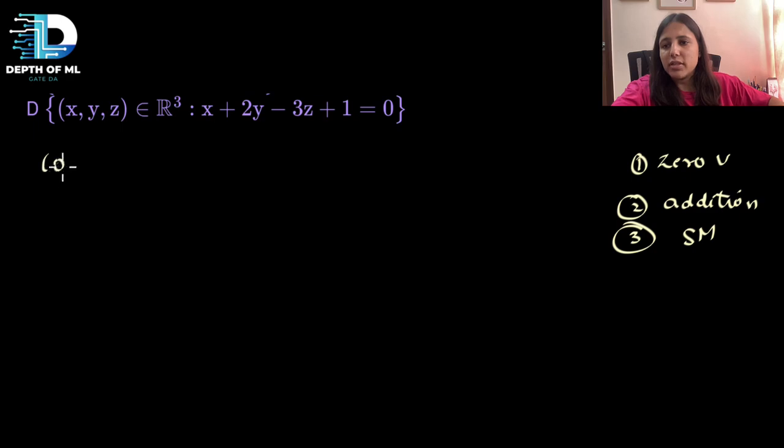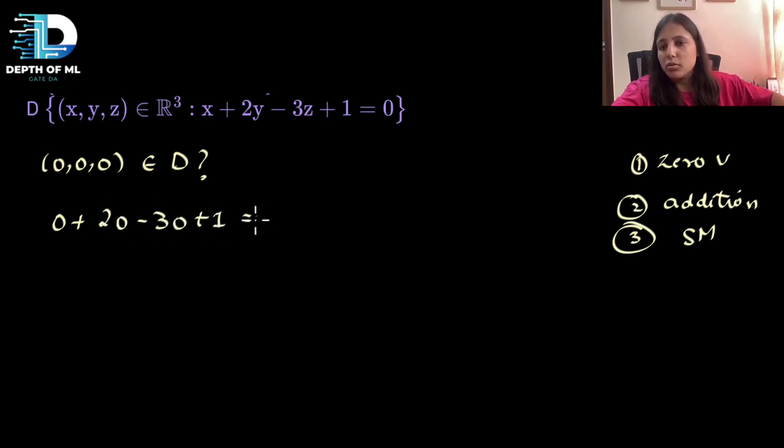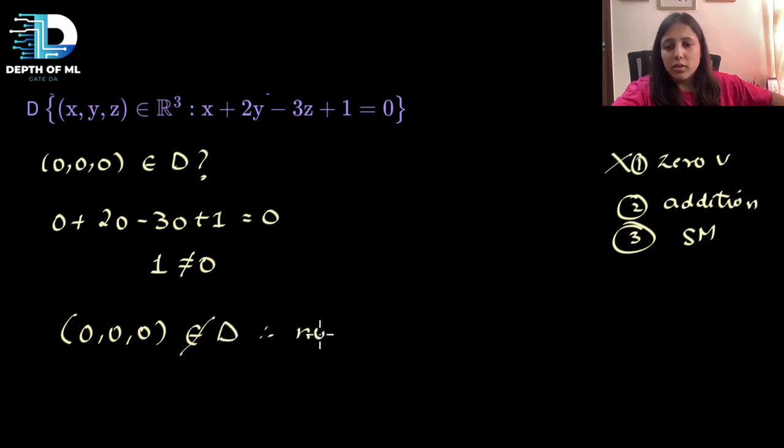First of all, I'll check whether 0, 0, 0 belongs to this subset D or not. So I'll put in 2 times 0 plus 2 times 0 minus 3 times 0 plus 1, which should be equal to 0. But when I add this up, I will get 1, not equal to 0. So this itself is not satisfying. So the zero vector does not belong to D. Therefore, not a subspace.